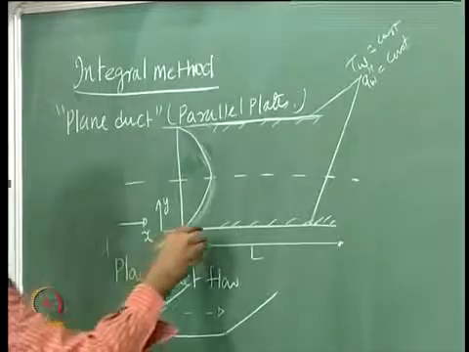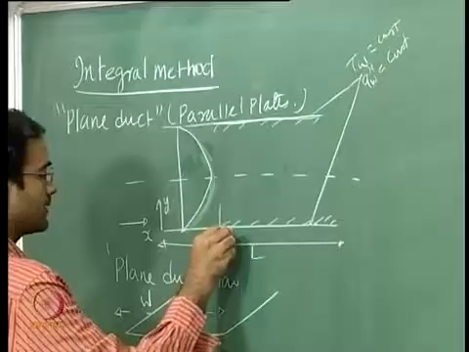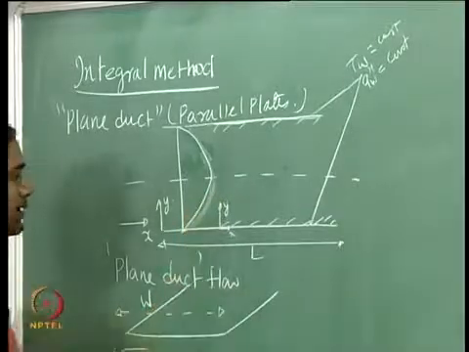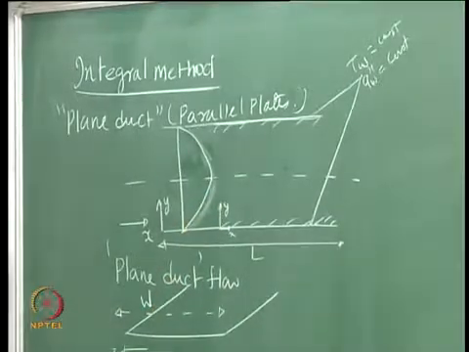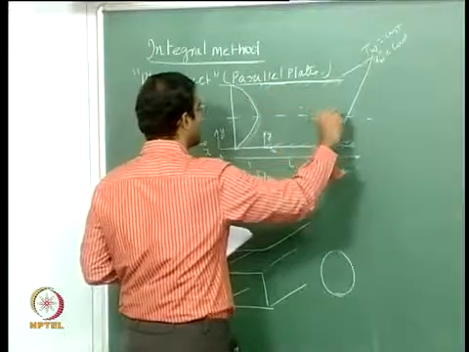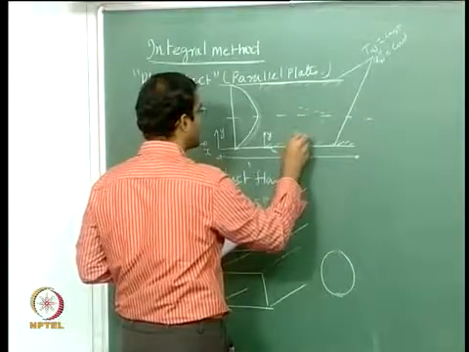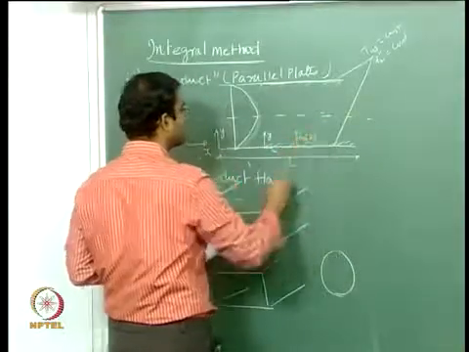Okay, so from here you can take your coordinate system. When you consider thermally developing flows, your x starts from the point where your heating starts. Okay, so from here you find the thermal boundary layer growth happening. So this is your delta T, which is now a function of x.